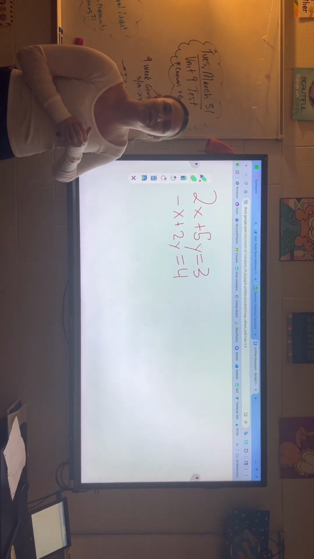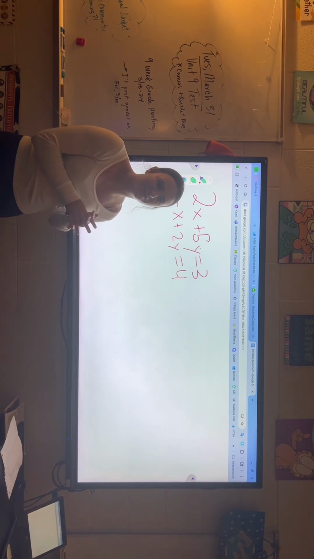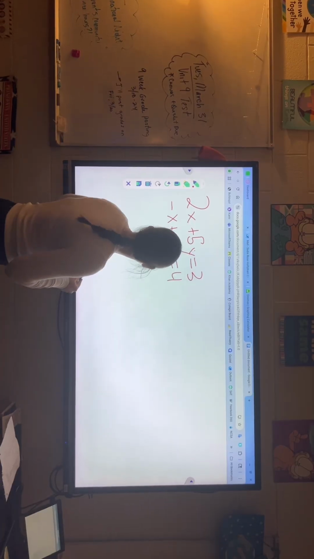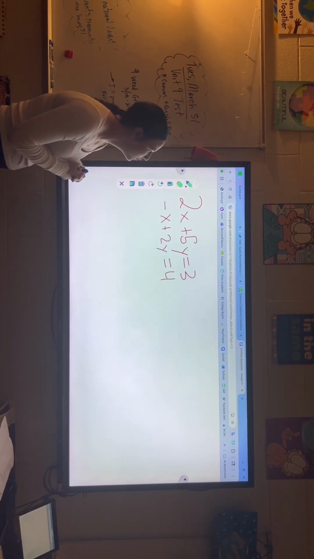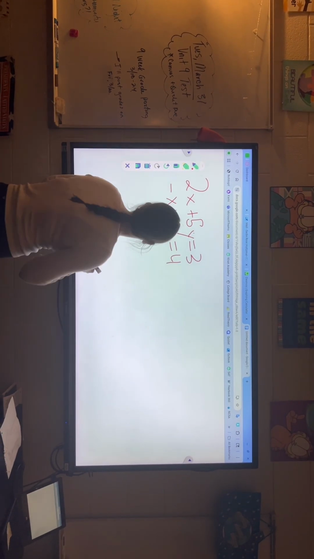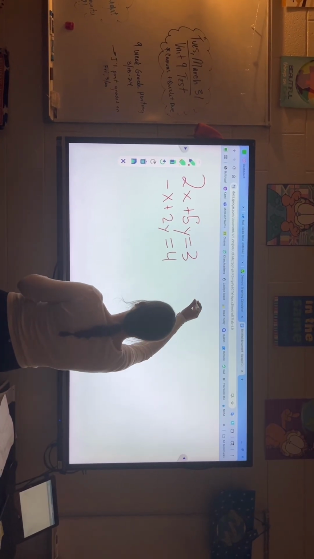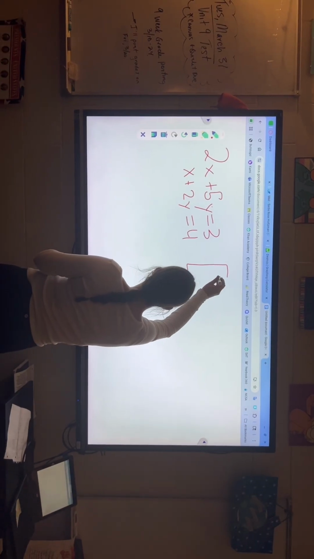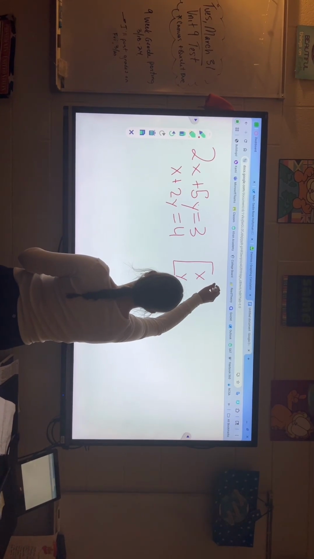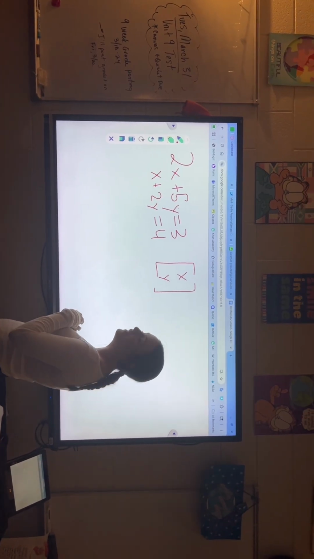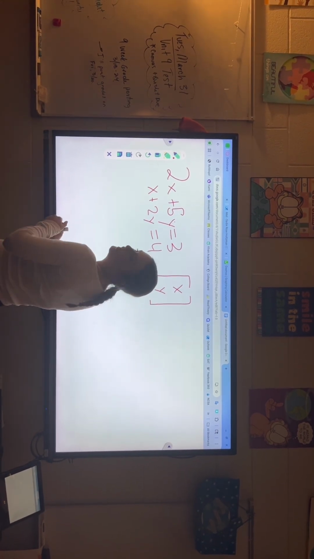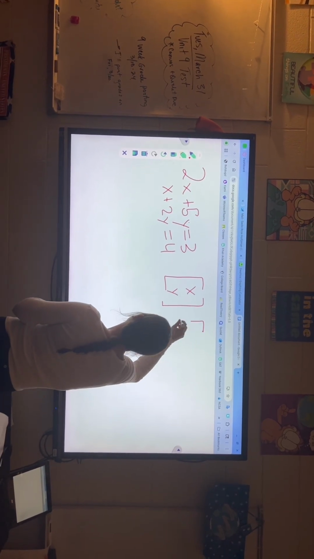Systems of equations. Here is our two variable problem. Our first step into solving is we need to turn these two equations into matrices. Since we have two variables, we're going to put those on their own. So X and Y is our first matrix, and our second matrix is going to be a 2 by 2 because there are two constants and two equations.